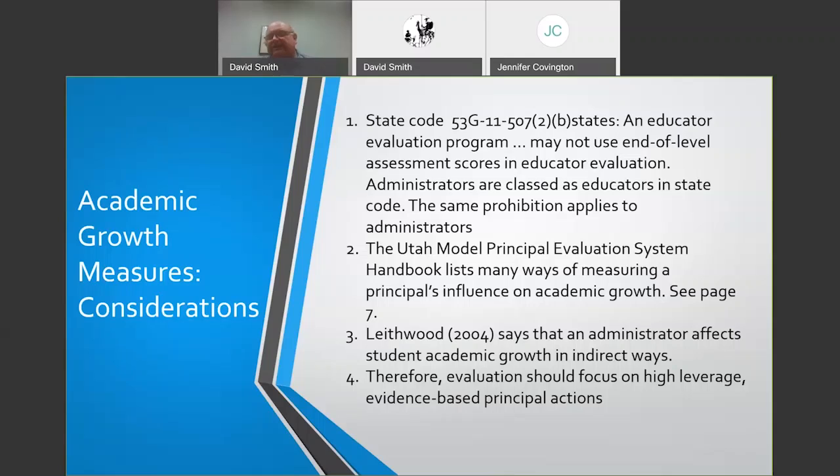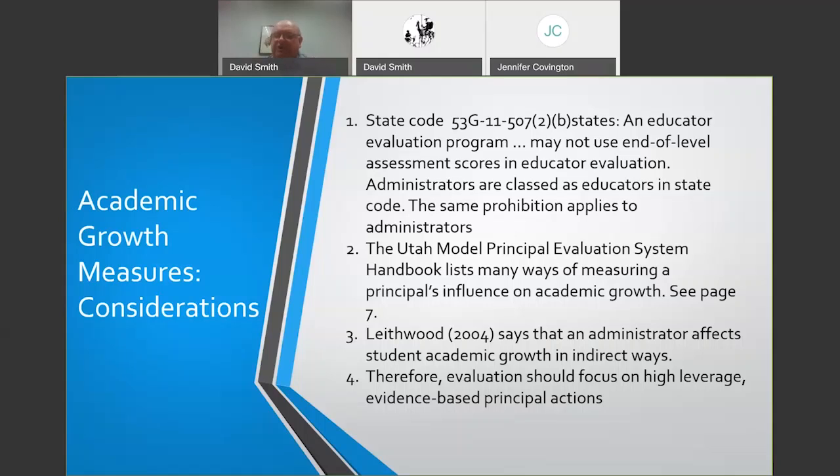If you look at state law and board rule in terms of evaluation, administrators are classed as educators. There is no differentiation between a teacher and an administrator. So therefore, that same prohibition against using end of level assessment scores applies to administrators.